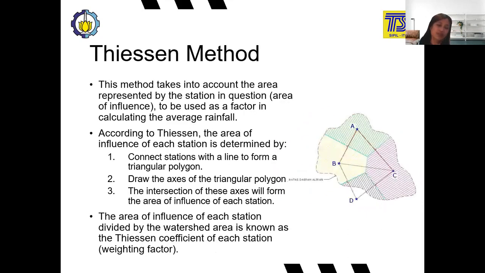Other than the arithmetic mean method, this is the most favorite one, I guess, because it's used by a lot of people, a lot of students taking their bachelor thesis, using this method while calculating the average rainfall area.